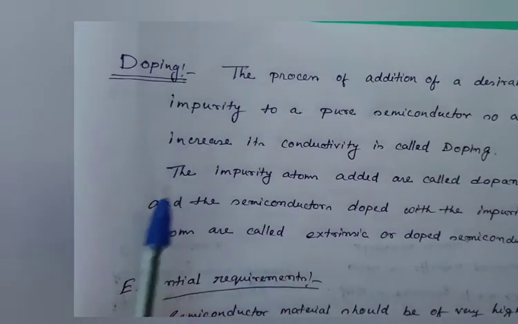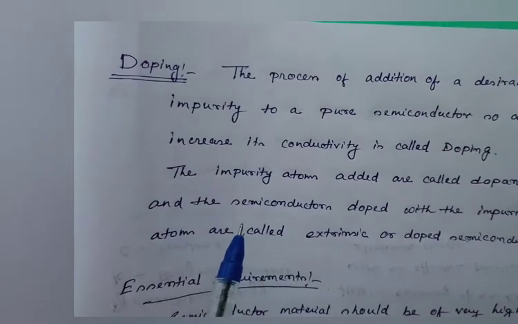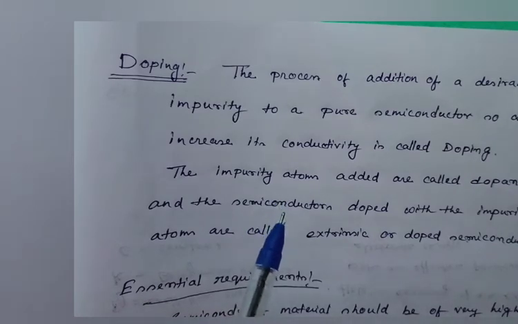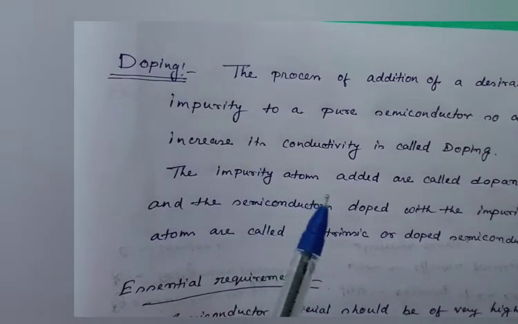Now before we go to the extrinsic semiconductor, you have to know what is doping. So when we develop semiconductor devices with the intrinsic semiconductors, they have many limitations. Intrinsic semiconductors have low intrinsic charge carrier concentration, and so they have low electrical conductivity.